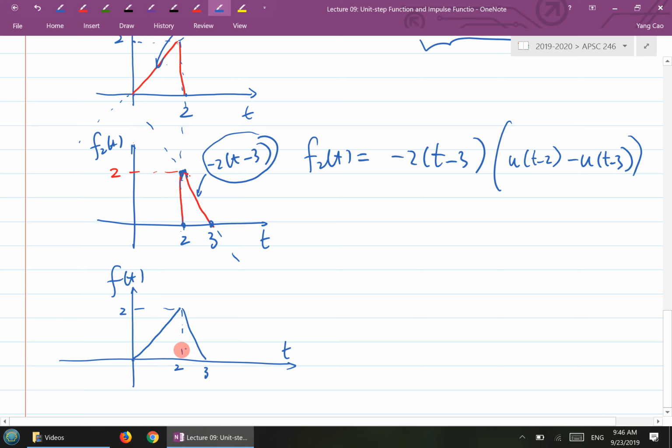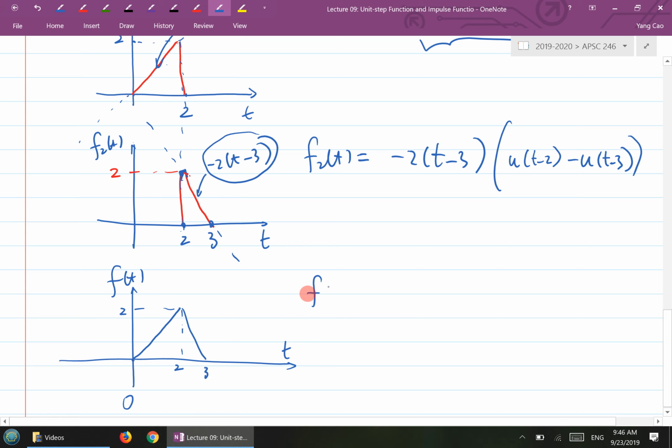And you can describe this triangle using piecewise language. F of t equals 0 when t is less than 0. F of t will be t when t is between 0 and 2. And f of t will be negative 2 times t minus 3 between 2 and 3. And 0 again when t is greater than 3.